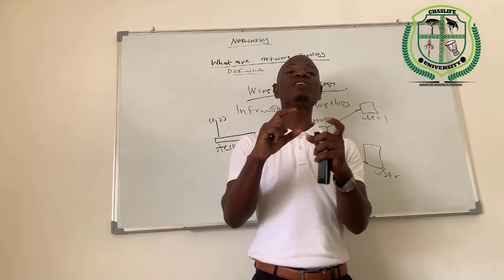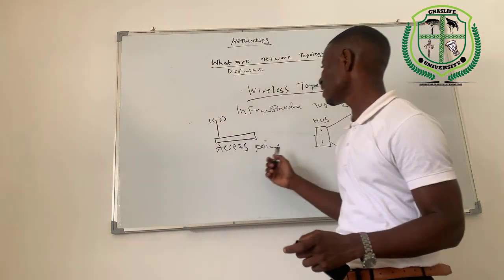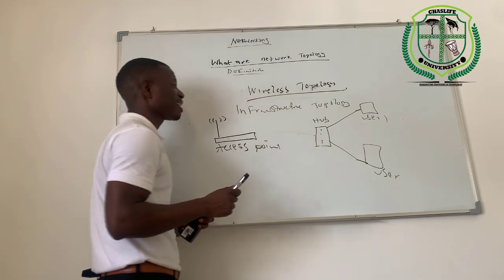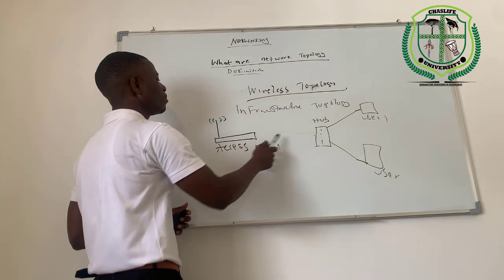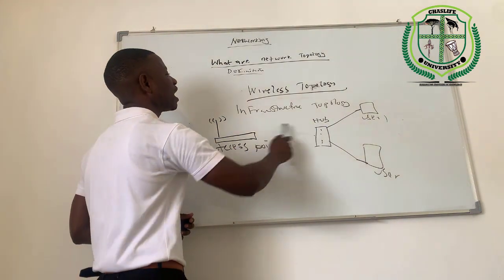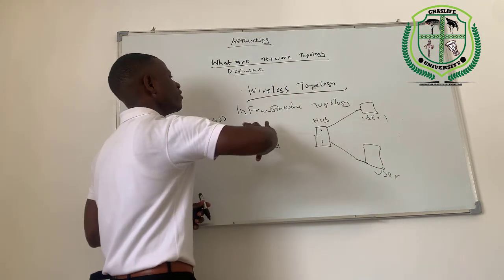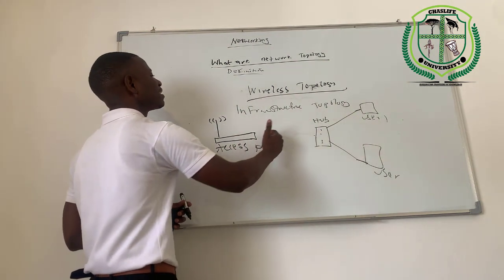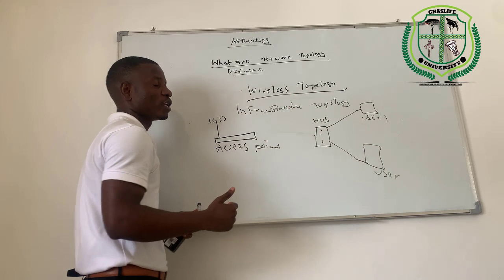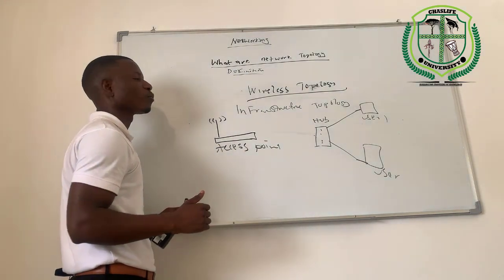There is no physical cable existing between the hub and the access point. It is wireless. This form of connection is called infrastructure topology.